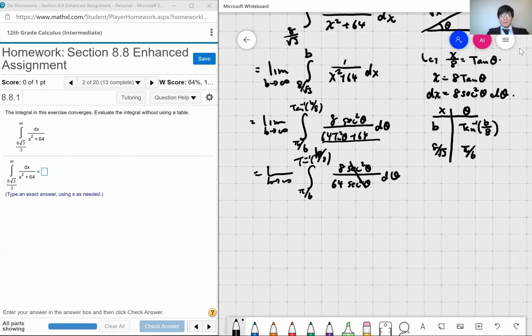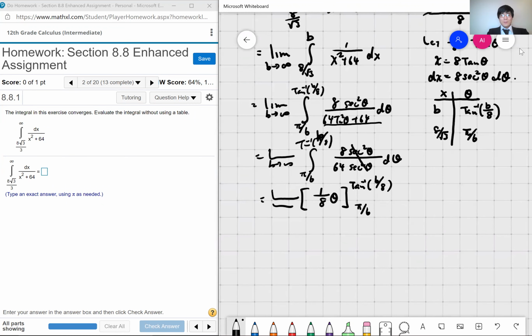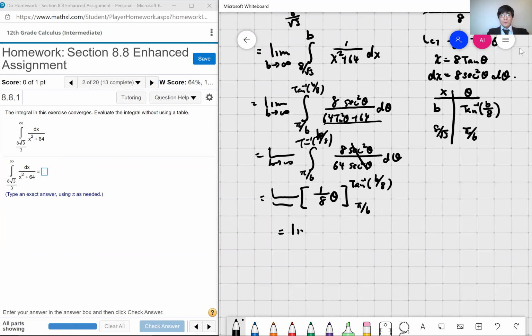After integrating, you get 1 over 8 theta, and you plug in these values. So the first one will give us 1/8 inverse tangent of b over 8 minus 1/8 times pi over 6.